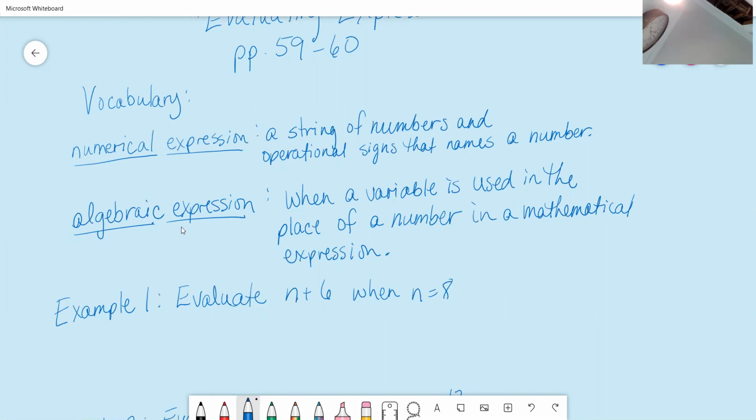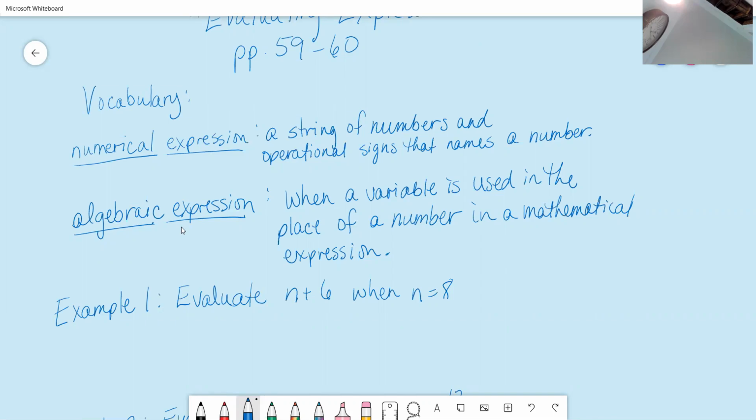A numerical expression is just a string of numbers and operational signs that names a number. And so you can see there that like 9 plus 2 times 6, well, that is just a numerical expression for 21. 2 times 6 is 12 plus 9, yeah, 21.